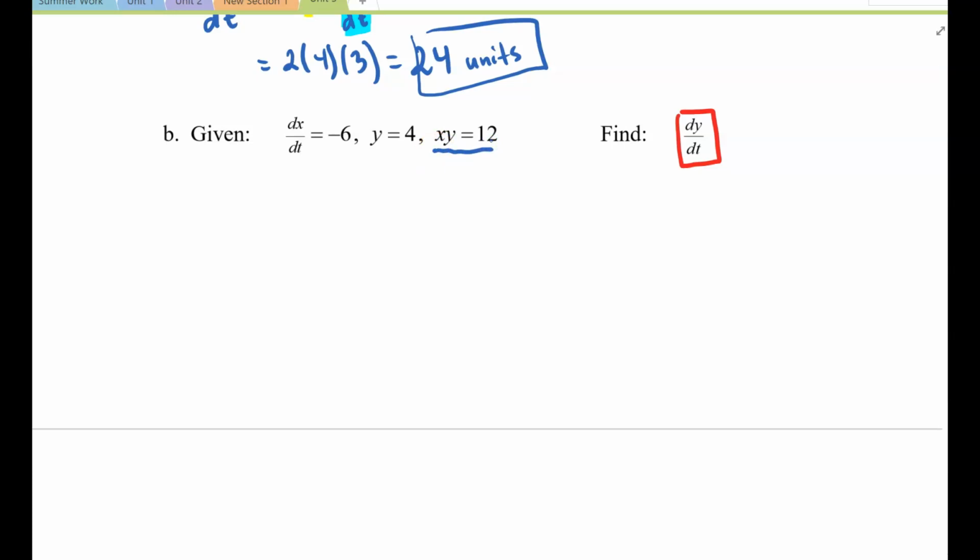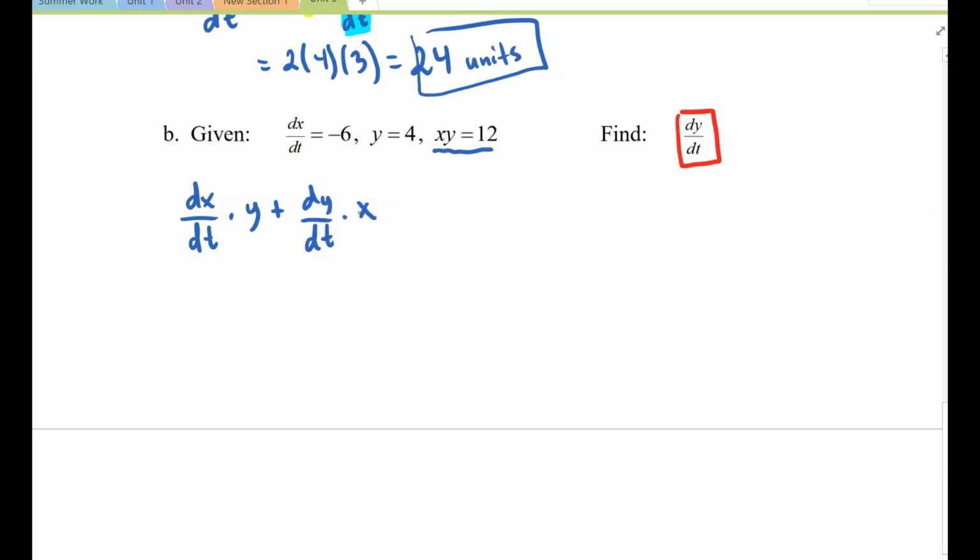Now notice this is xy, so I'm going to have to use the product rule. So derivative of the first, that's dx/dt, times the second, which is y, plus the derivative of the second, so dy/dt, times the first, times x.